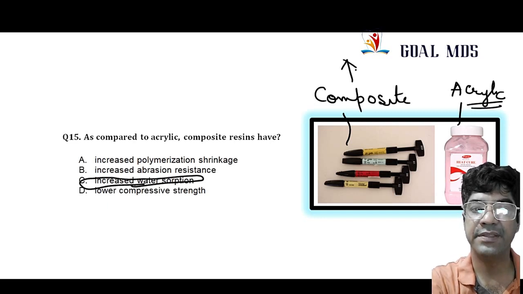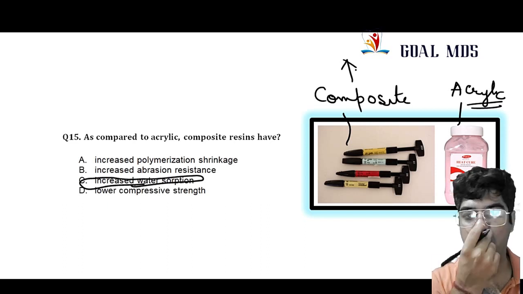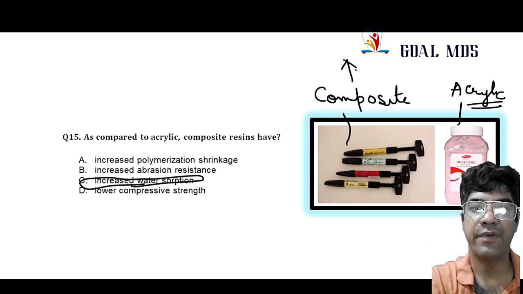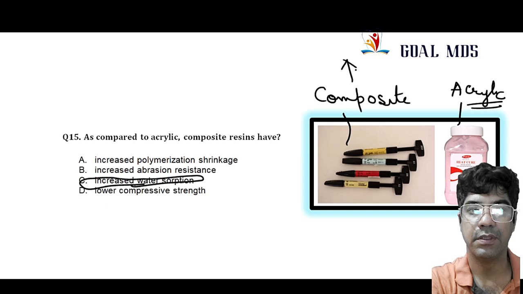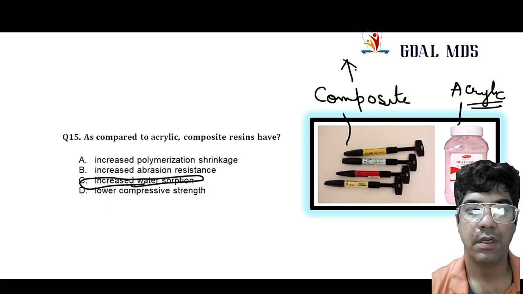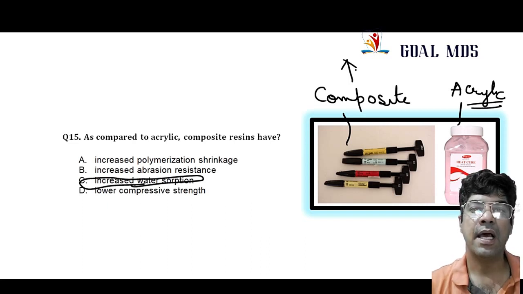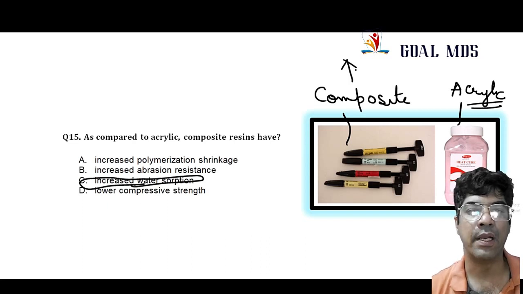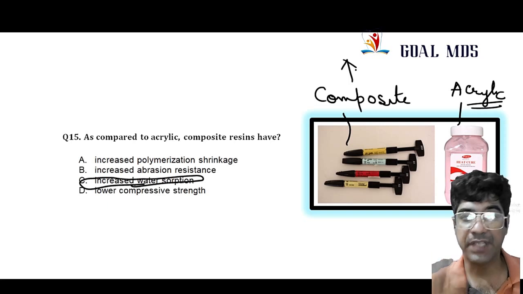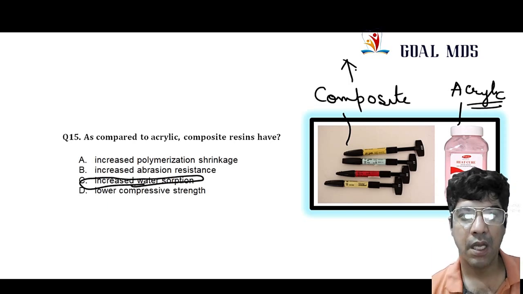Composite resins are known to have higher water absorption compared to the acrylic materials. That means they can absorb more water over time, which can lead to changes in their properties and affect their performance in the oral cavity. So the other statements are incorrect.